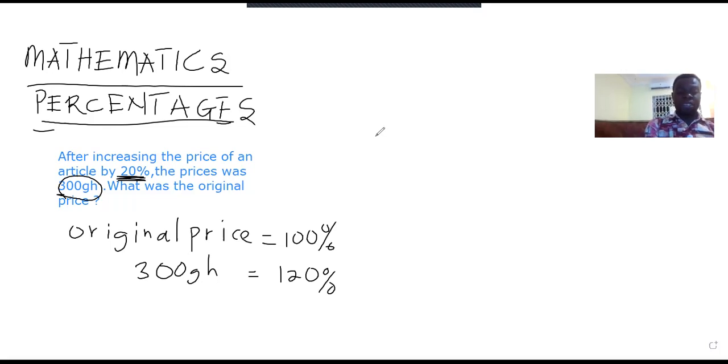So the original price should be equal to 300 times 100 divided by 120. When you do your manipulations very well, that will give you 250.